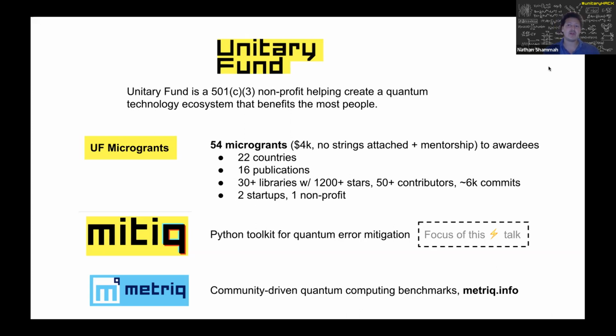And this is more of a pre-competitive stage. So the focus is not really on tech transfer for market capture or startup creation, but it sometimes happens that these become either startups with venture backing or non-profit organizations themselves, such as QuEra. So today I'm going to speak about Mitiq, this Python toolkit for quantum error mitigation.